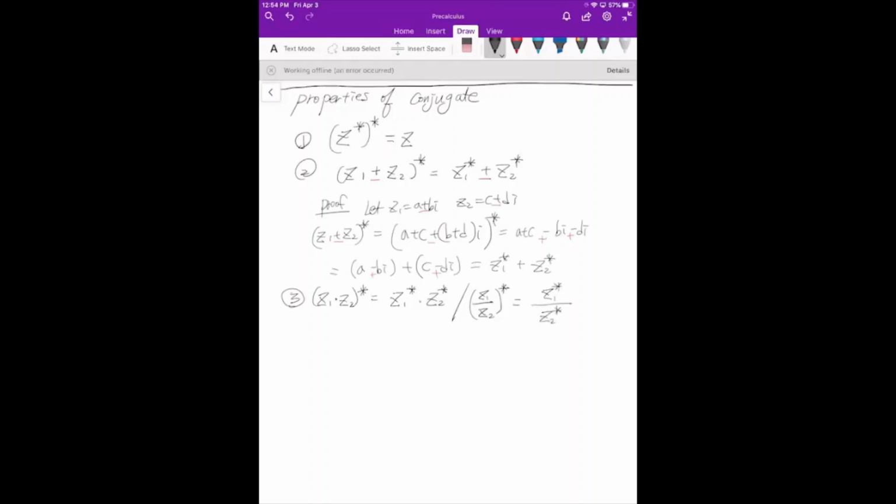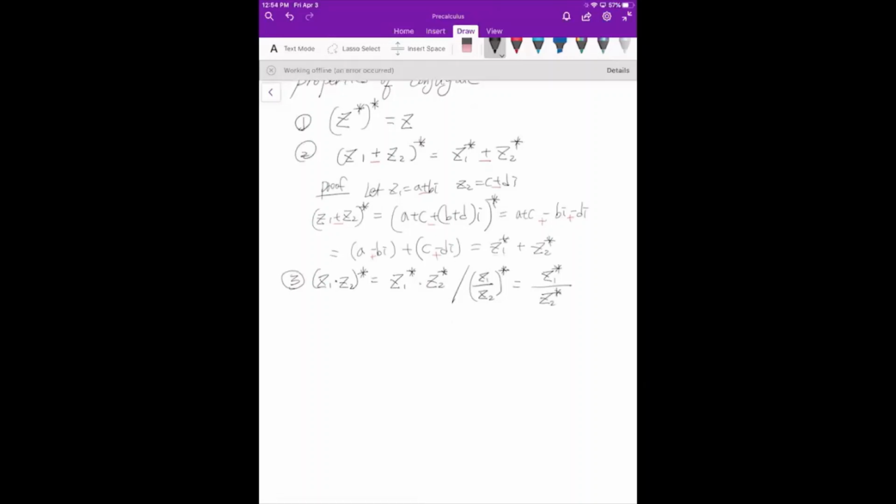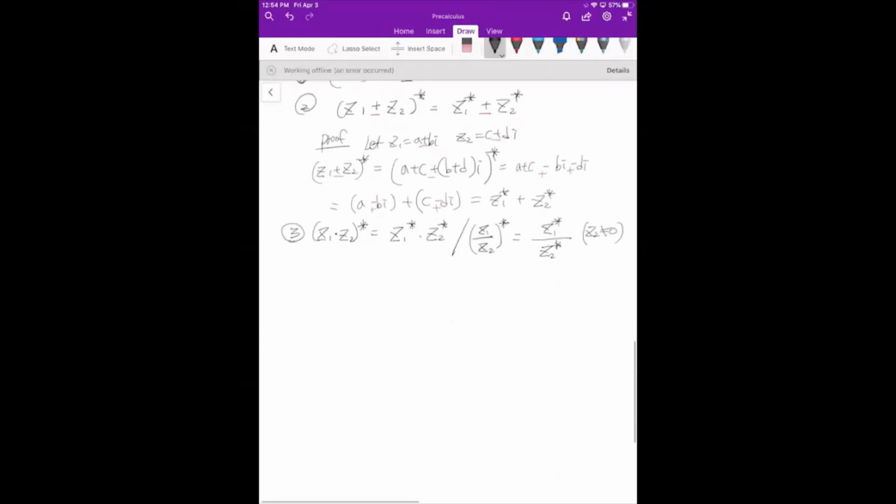Of course, z2 shouldn't be 0 in this case. We're not talking about 0. It's all complex numbers. It's going to be a little bit long proof, but we have to prove it. Let z1 be a plus bi and z2 be c plus di, just like the above case.